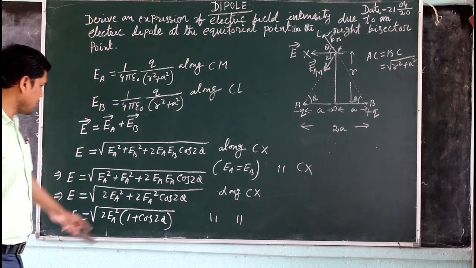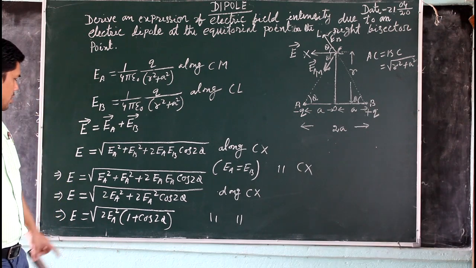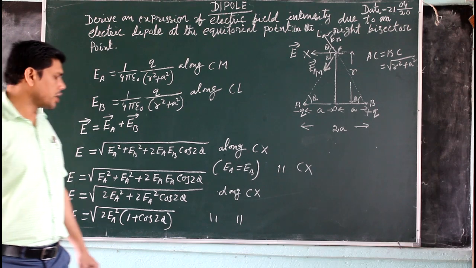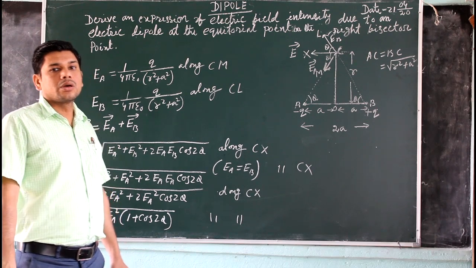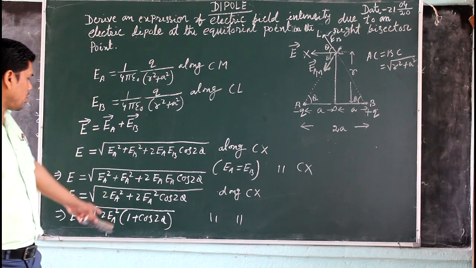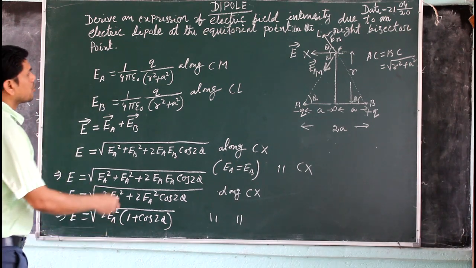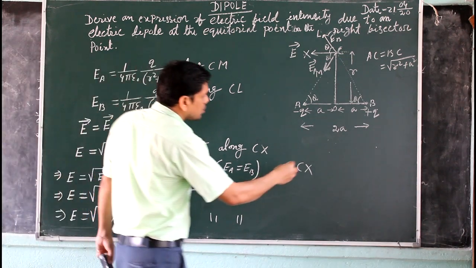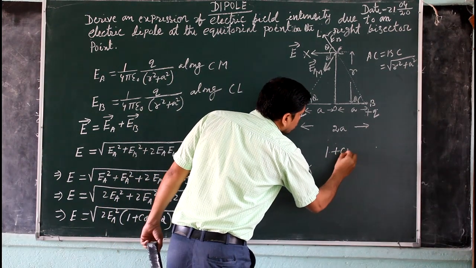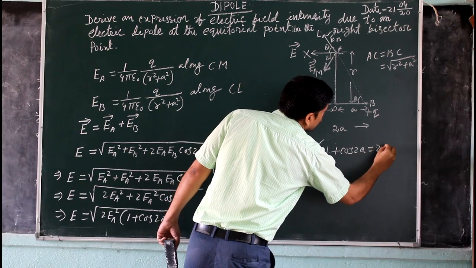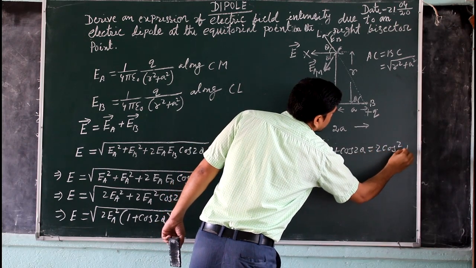Now you know this formula, you have to know this formula: 1 plus cos 2 theta equals 2 cos square theta.